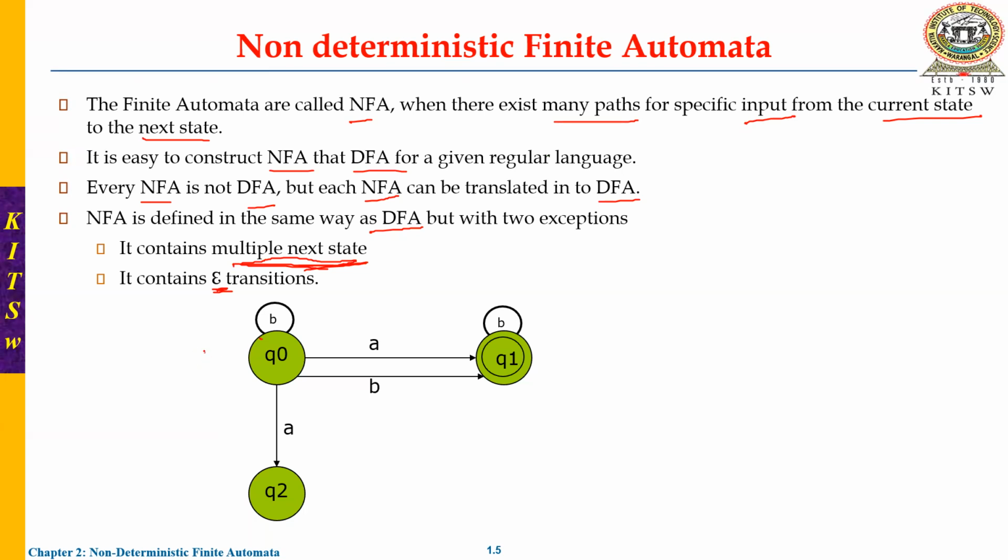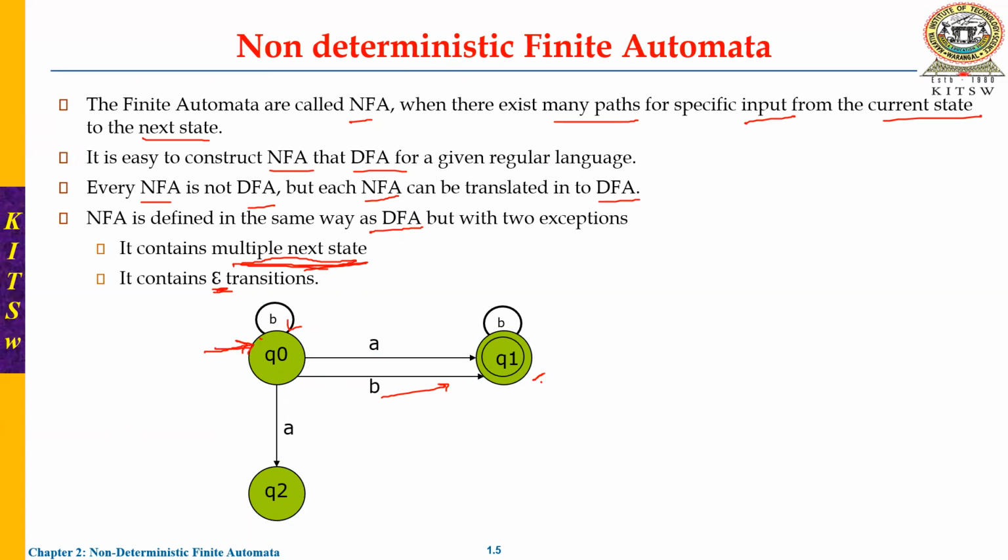Q naught is the starting state. For Q naught, if you give B as input, it may be a self loop, or you may get the new state Q1. On Q naught, if you give A, the next state may be Q naught or Q1. If you give A, the next state may also be Q2 or Q1.